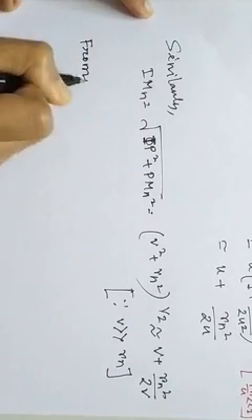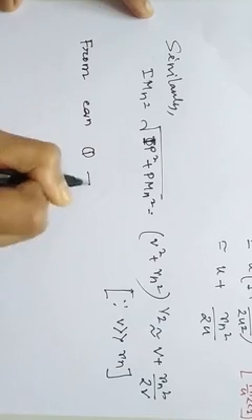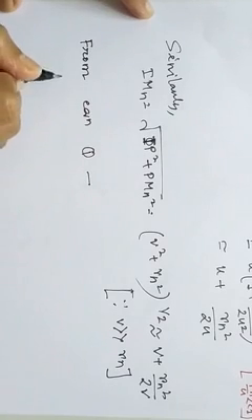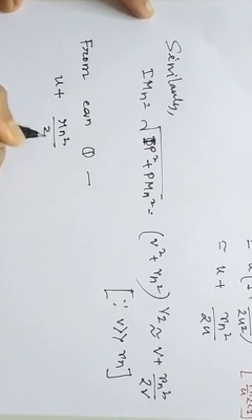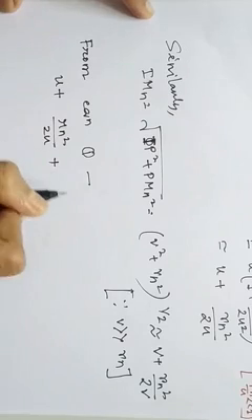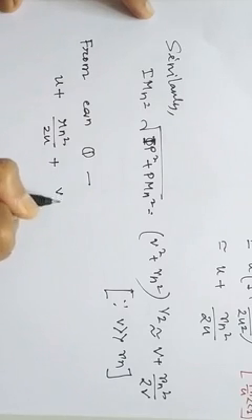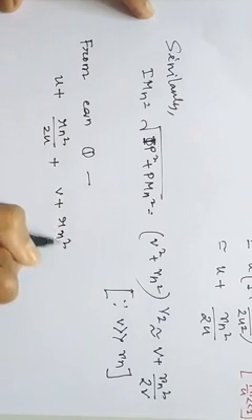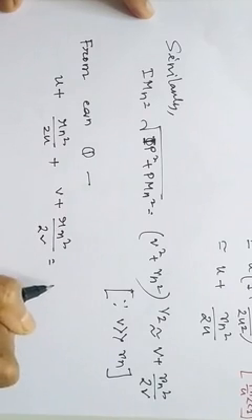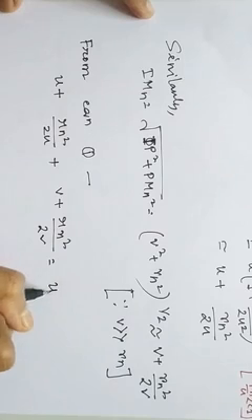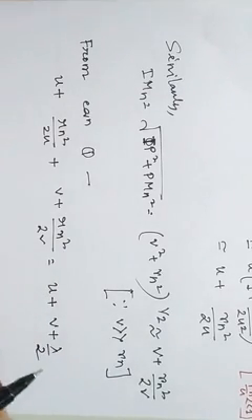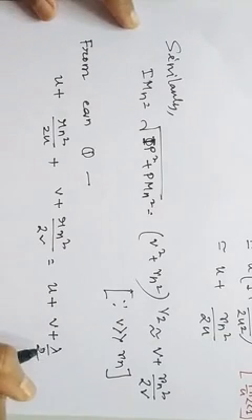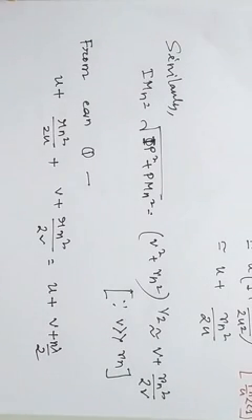From equation 1 we have OMN, which is U plus Rn square by 2U, plus IMN, which is V plus Rn square by 2V, equals OP, which is U, plus IP, which is V, plus N into lambda by 2.